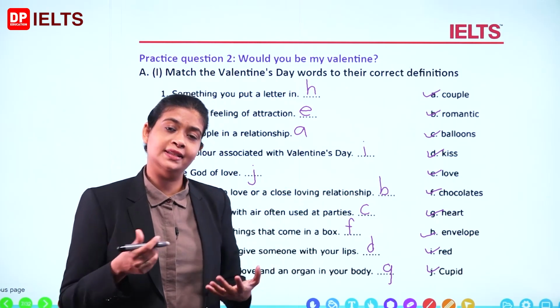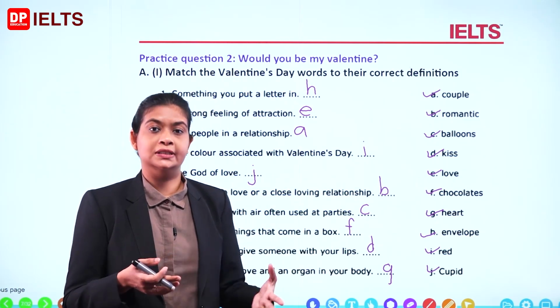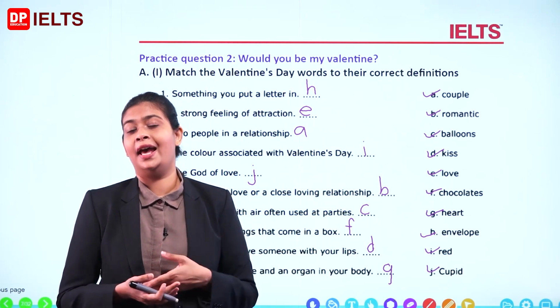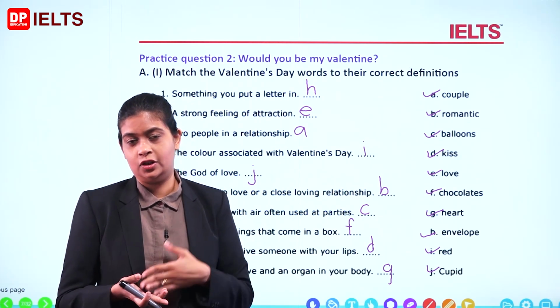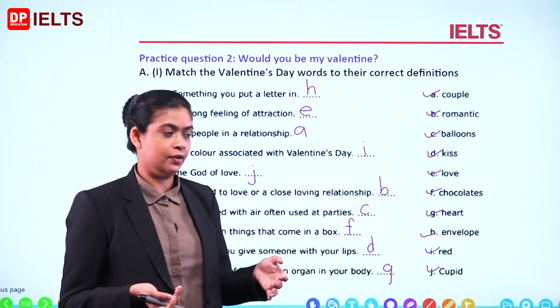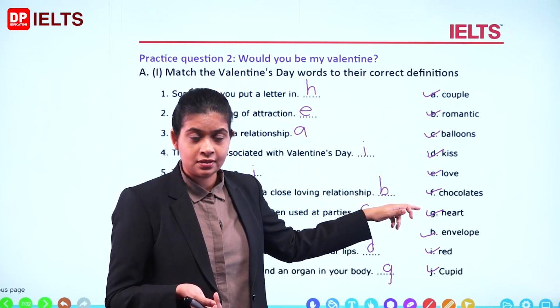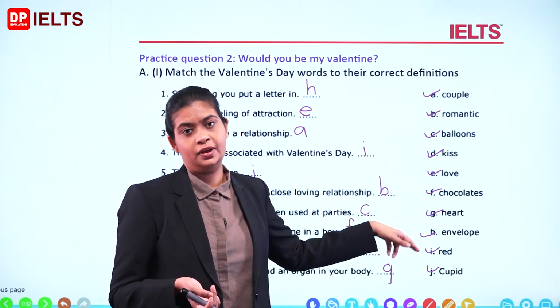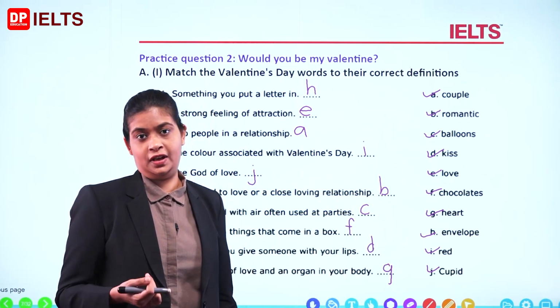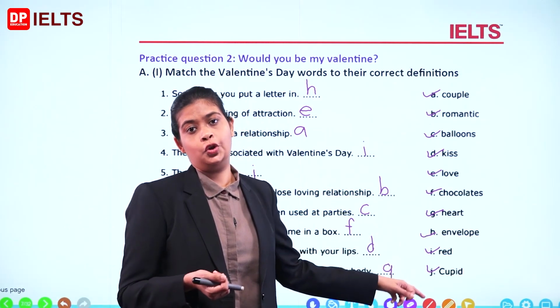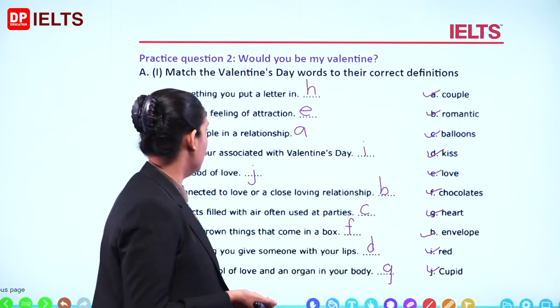So that's when we write it in Sinhala අපි ලියන්නේ chocolate. හරි ඒ හින්දා ඉංග්‍රීසියෙන් උත් chocolate කියනවා, but actually it's chocolate. Okay, so chocolates, heart, envelope. It's not an envelope, it's an envelope. Oh, envelope. Red, Cupid. Okay, right.